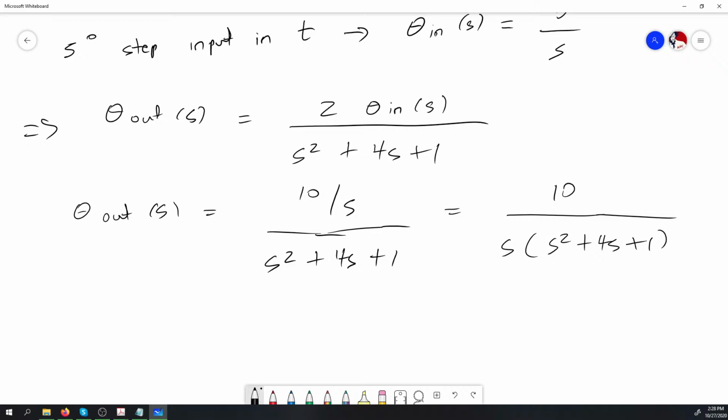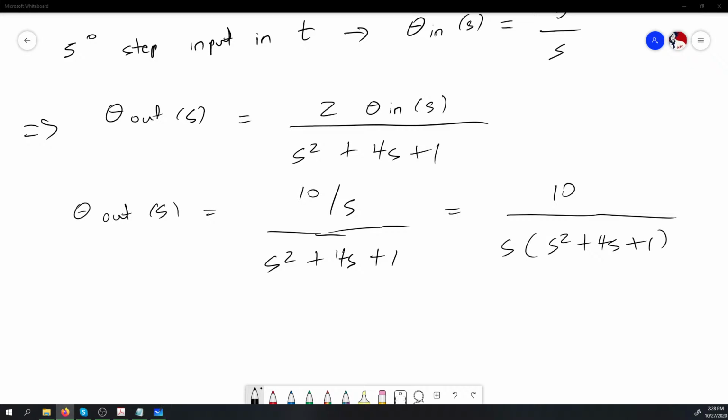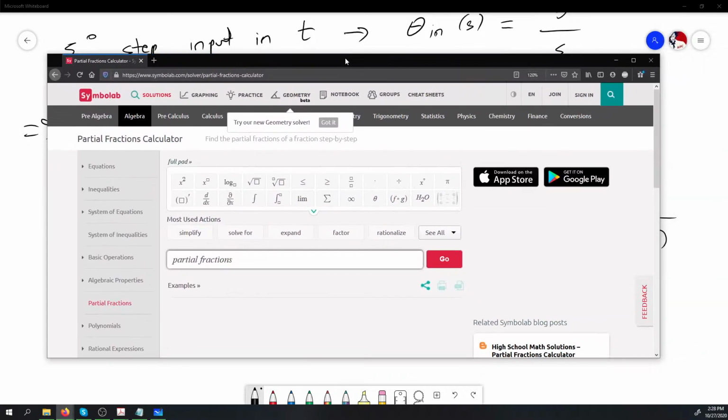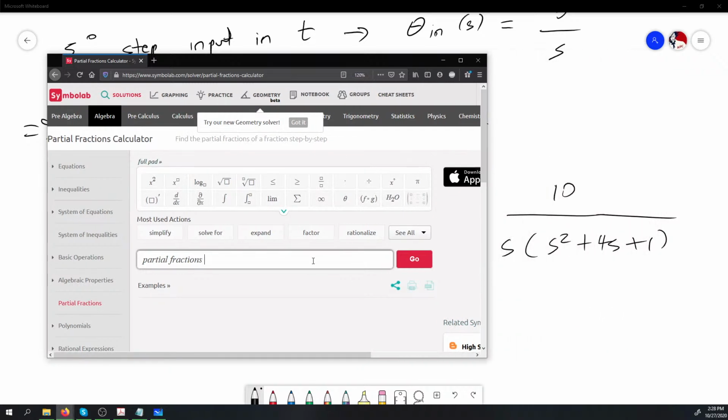So in the interest of time, let's actually use our partial fraction calculator to actually resolve this for us. Make this into a fraction.